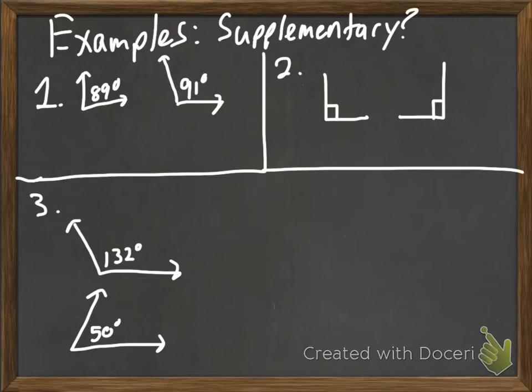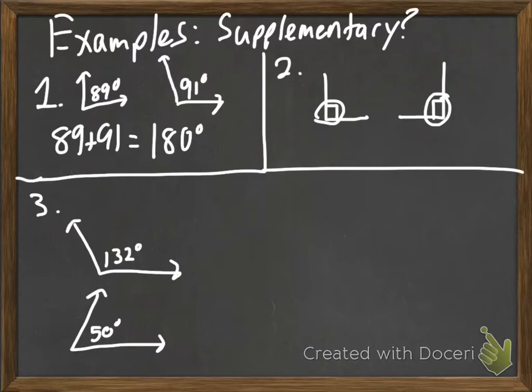Okay, let's start with number 1. We have 89 plus 91. That gives us 180. So yes, number 1 is. Now number 2 is a bit different. We don't know the degree measure because it doesn't tell us a number. But we do know that these boxes tell us something. They tell us it's a right angle.